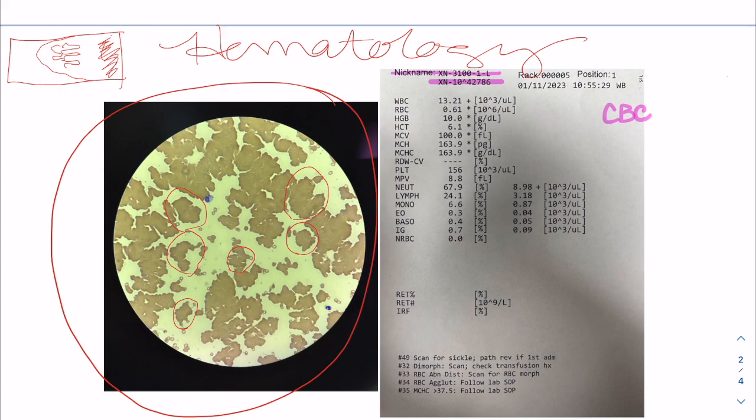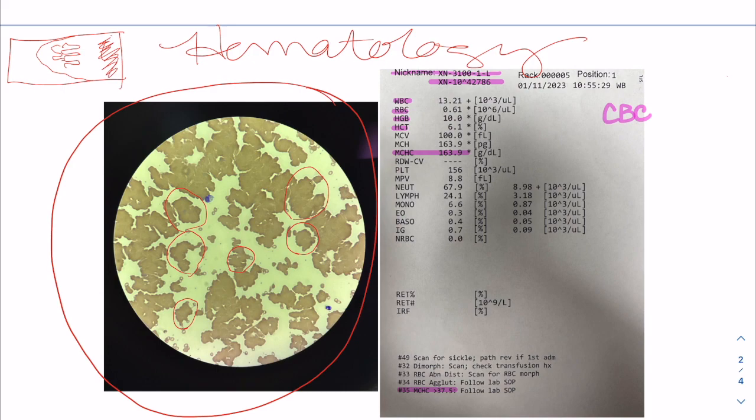It has your white blood cell count, your red blood cell count, hemoglobin, hematocrit, and what we're particularly going to look at is this MCHC. There's a flag down here that says greater than 37.5, we need to follow the SOP.